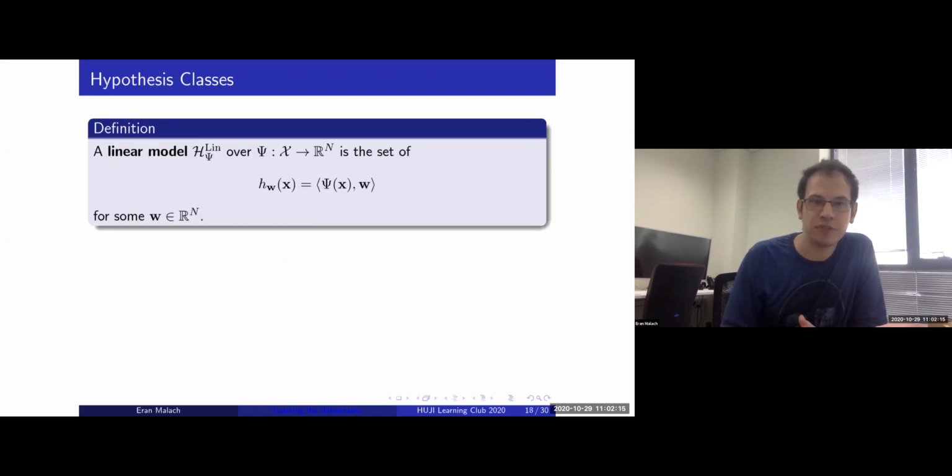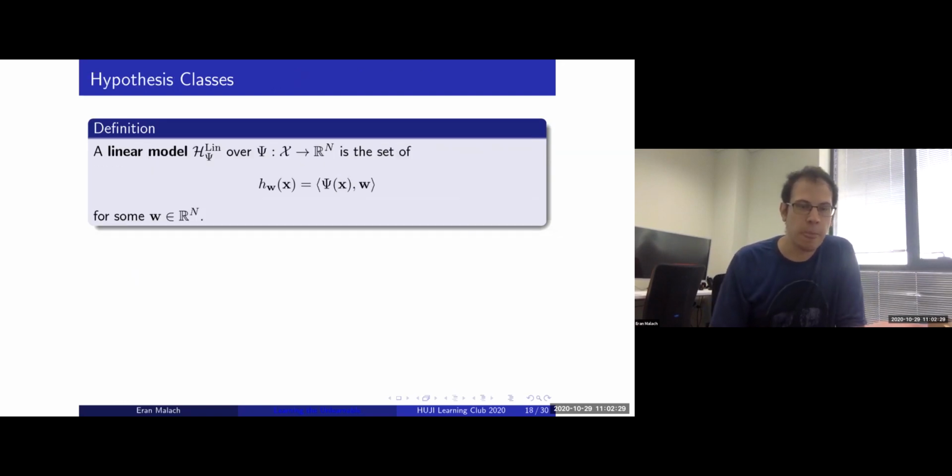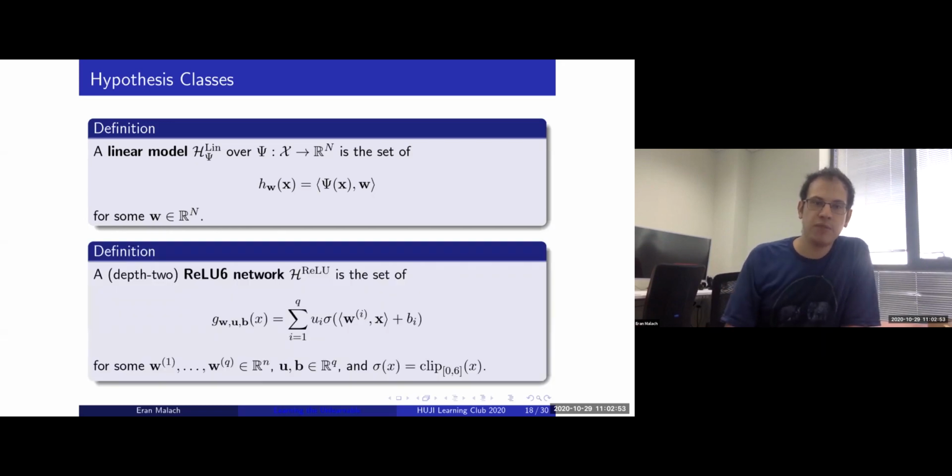Okay, so this is the shift that I want to make, and I will use this new mode of learning to answer the previous questions of neural networks versus kernel methods. I'll focus on comparing two hypothesis classes. One is the class of linear models, which is basically just linear classifiers over some fixed embedding of the input. So we have some embedding psi of the input to a higher dimensional space of dimension n, and a linear classifier over this embedding of the input.